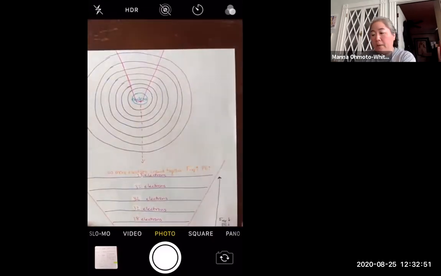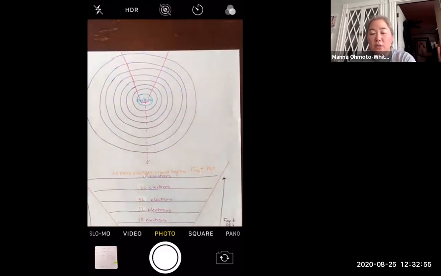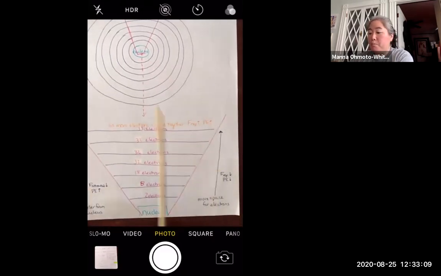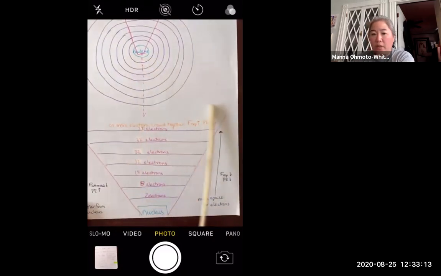So again, remembering that the nucleus and the area around the nucleus is a sphere, you can see that if I've taken a pie slice of this, as I go away from the nucleus, there is more space. It's like there's a speaker at the center, not many people can fit around the speaker, but the farther away you go, more people can fit.